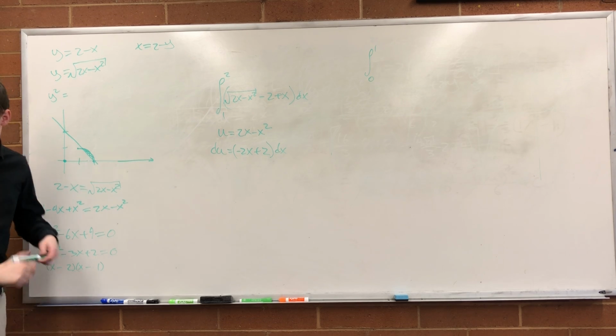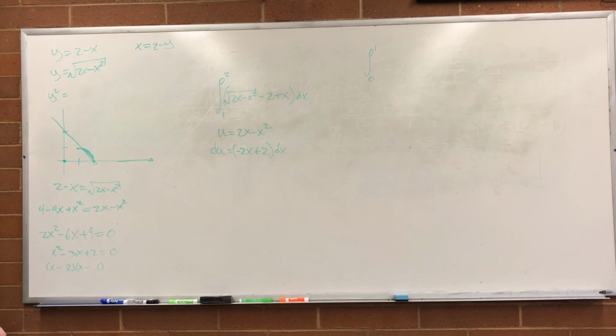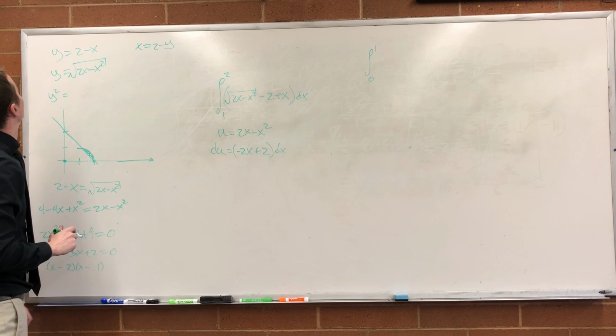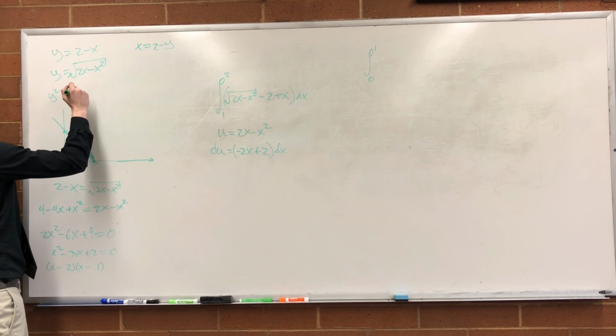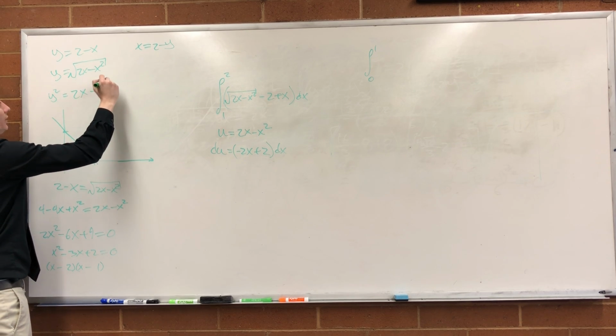Okay, that's not helping either. Let's see, y equals that, y squared equals that. Solving for x. Oh, that is how he's doing it. Alright, we'll keep going with it. So y squared is equal to 2x minus x squared.